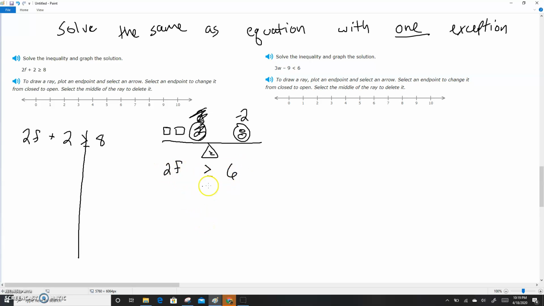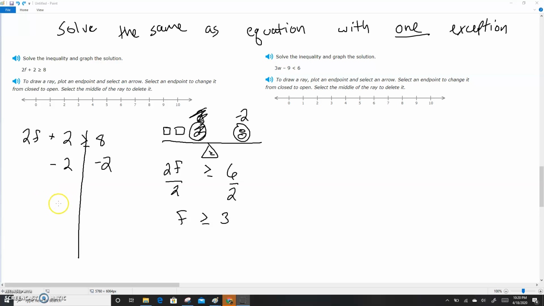Well, if 2f's are greater than or equal to 6, then if I split it into 2 to get 1f, and I do it to both sides, I get f is greater than or equal to 3. That same process will play out over here on this side. I subtract 2 from both sides, and I get 2f.